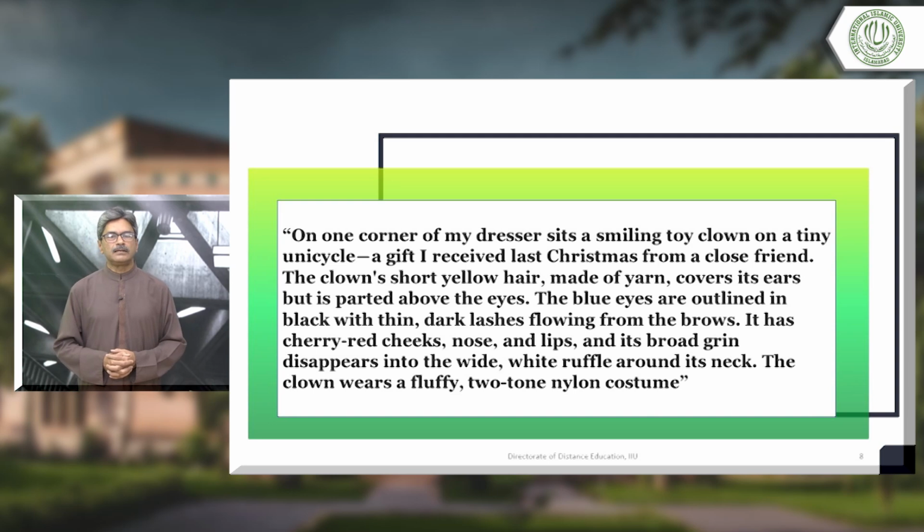For example, this selected para. On one corner of my dresser sits a smiling toy clown on a tiny unicycle, a gift I received last Christmas from a close friend. The clown's short yellow hair made of yarn covers its ears, but it's parted above the eyes. The blue eyes are outlined in black with thin dark lashes flowing from the brows.